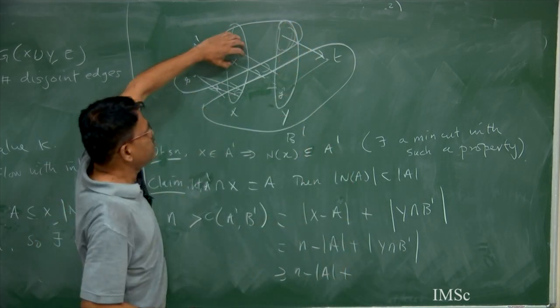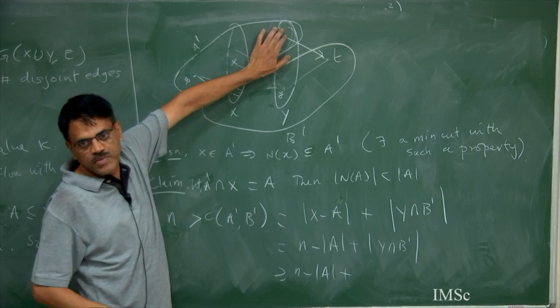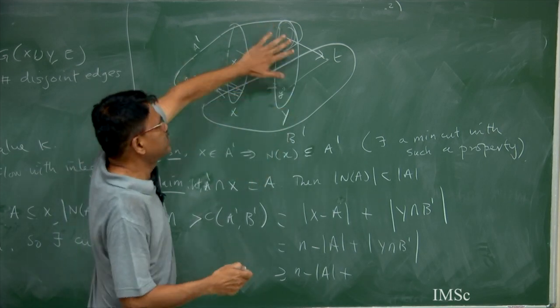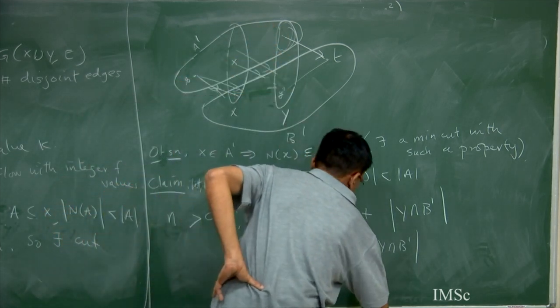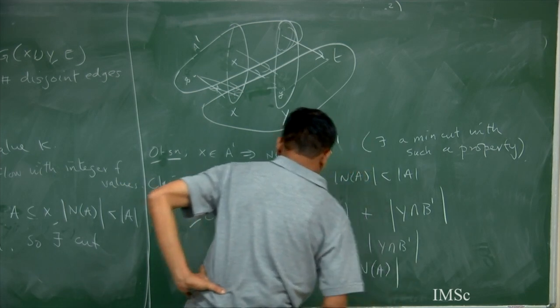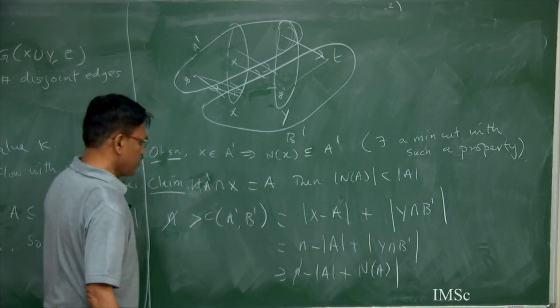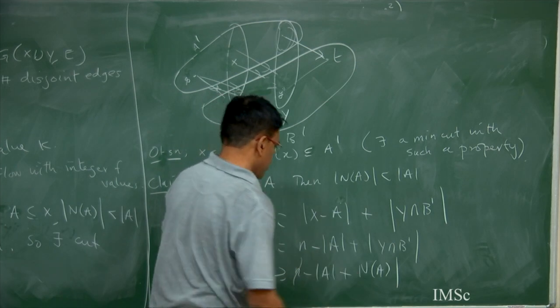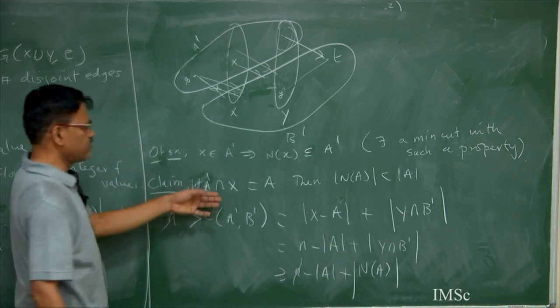Definitely the neighbors of A are here, and maybe more, because I pulled all the neighbors in. Now n cancels, and what you get is that the neighborhood of A is strictly less than the cardinality of A.